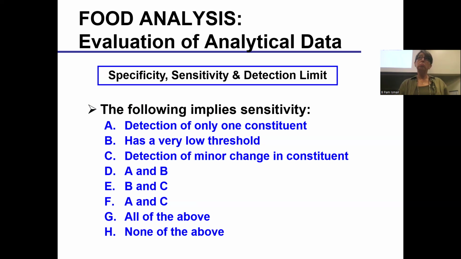No, not related. Low level of detection is separate from sensitivity. Detection of minor change in constituents. So between 2 or 3 samples, how small of a difference can be detected? That would be C then.